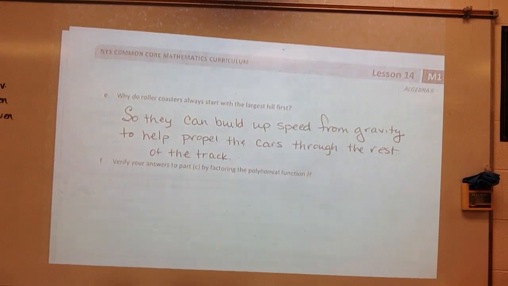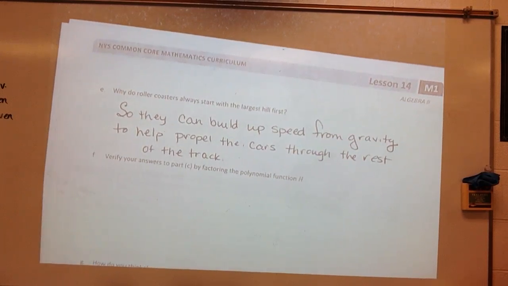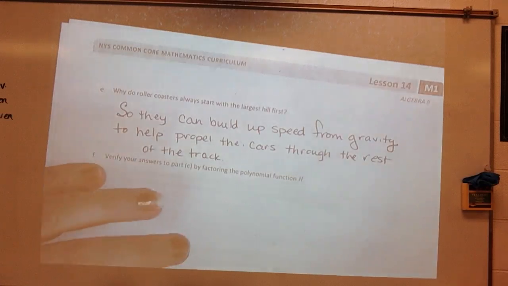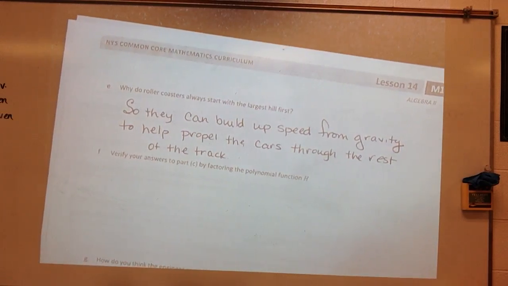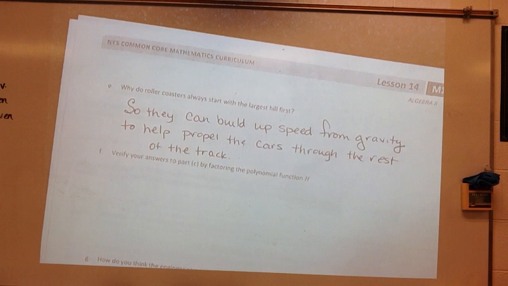Verify your answer to part C by factoring the polynomial function h. Alright? So let's think about factoring this polynomial. I can probably figure out by my graph that x minus 3 is a factor. So if that's the case, then I would have to do long division.